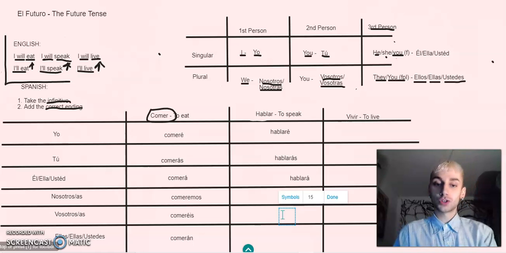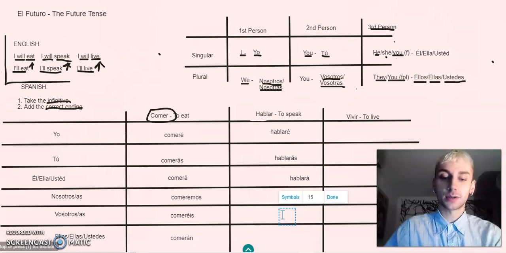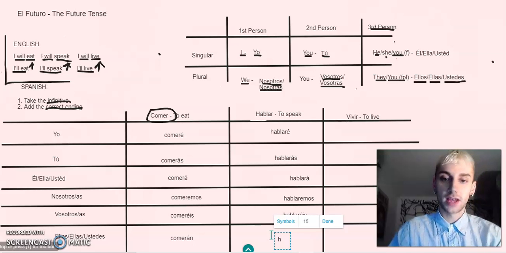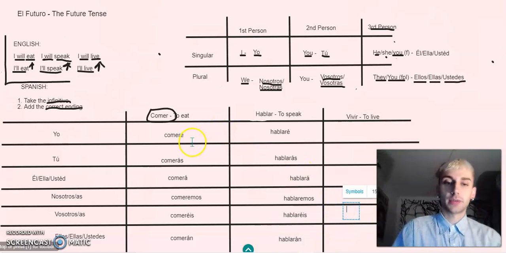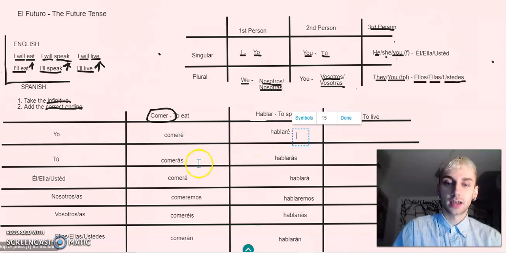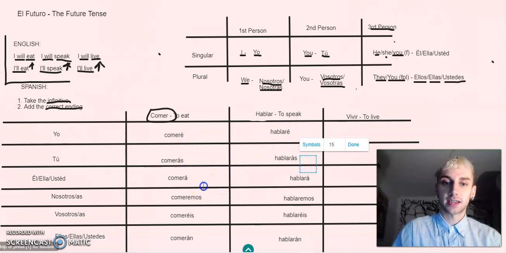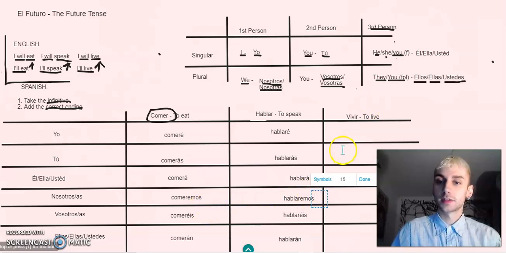For vosotros, again, we have the same ending, so it would be hablaréis. And finally, for ellos, ellas, they, we have hablarán. See? So here you can see the endings are exactly the same for ER and AR verbs. And it's the same again for IR verbs.